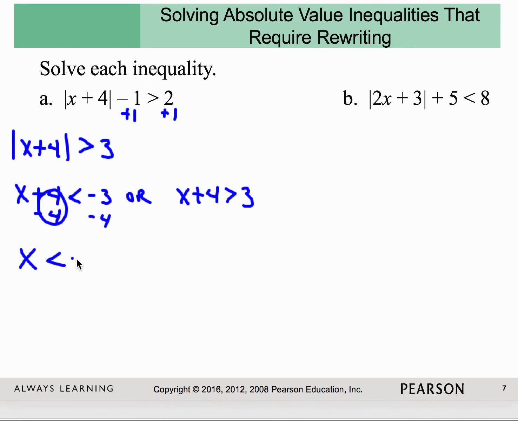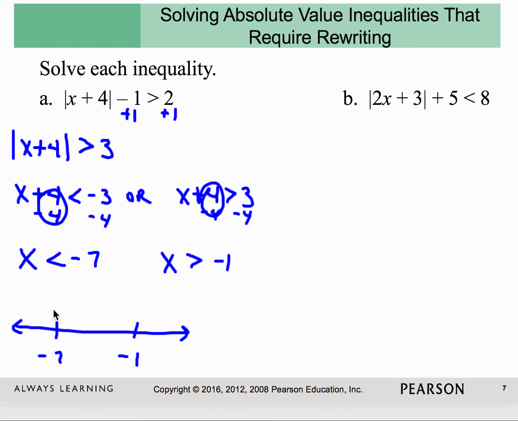So x is less than -7 or x is greater than -1. All right, going that direction and going this direction. So my interval answer is -infinity to -7 or -1 to infinity.